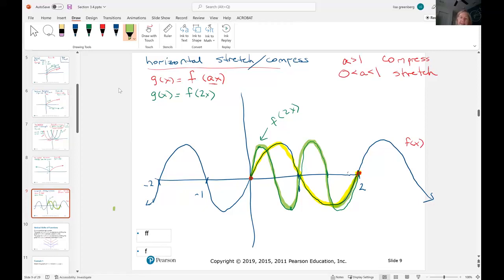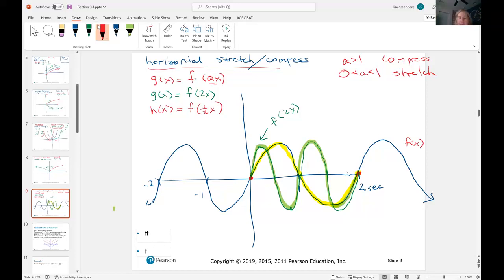Because let's say this was 2 seconds. In 2 seconds, it only went that far, but when I multiply that x by 2, in 2 seconds I now go twice as far. I do twice as many cycles. So basically, we compress it. If I want to stretch it, it would look like h of x is equal to f of 1/2 x.